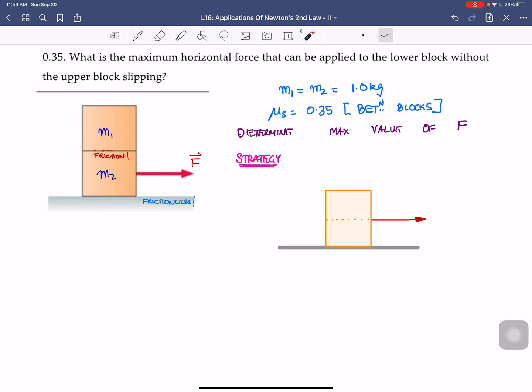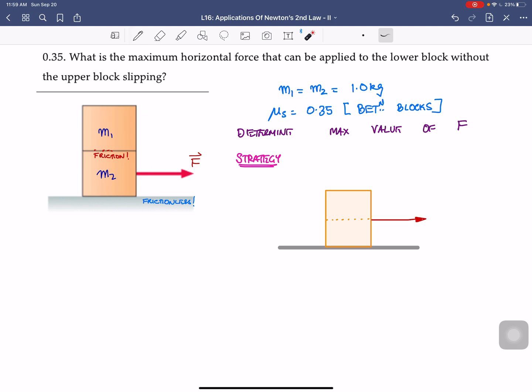There is no slipping, so you can view the system as one object. You can draw a free body diagram of M2, and then you can also draw a free body diagram of M1. So there are three possibilities.